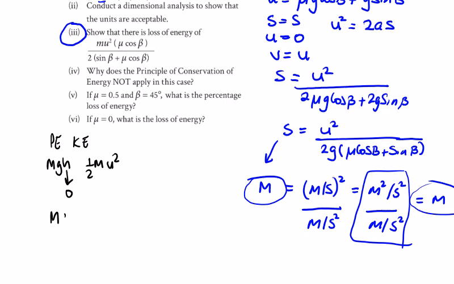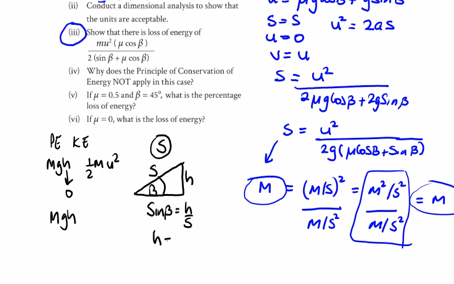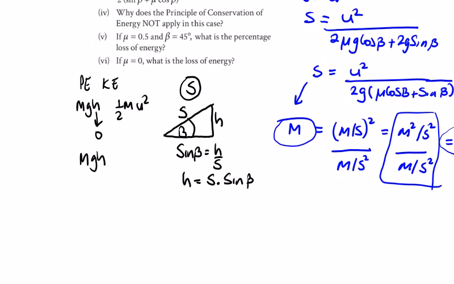Then it goes to mgh, it travels a distance of s and then stops. So we have to get the height that it goes. This is s, this is beta, this is the height. We can say that the sine of beta is equal to h over s. So h has to be equal to the distance traveled by the sine of beta. So mgh, because it stops the half mv squared is 0. So the loss of energy is this: half m u squared minus mgh.